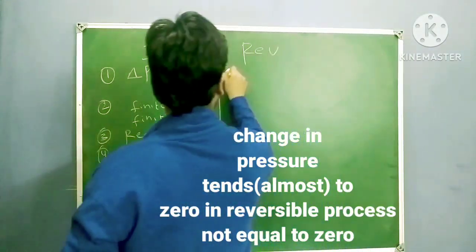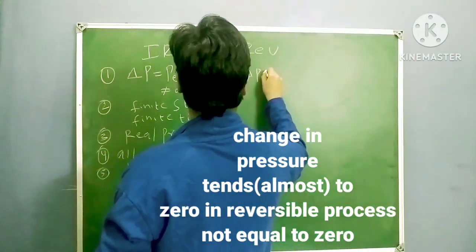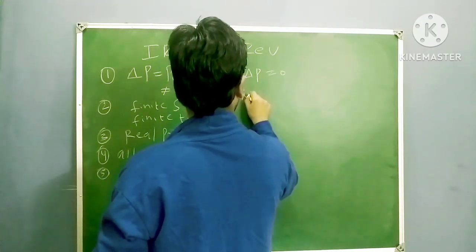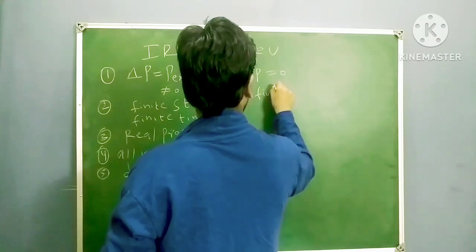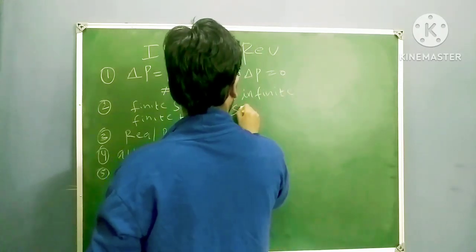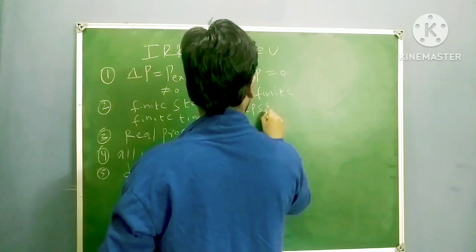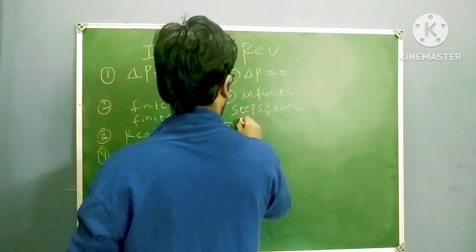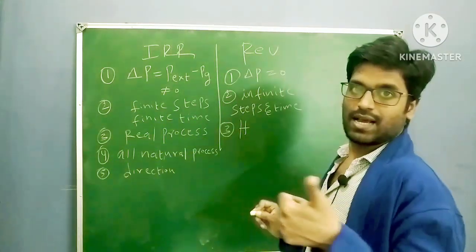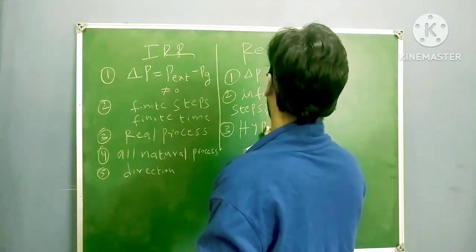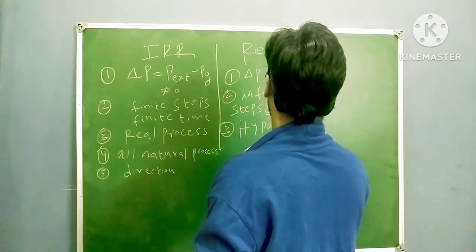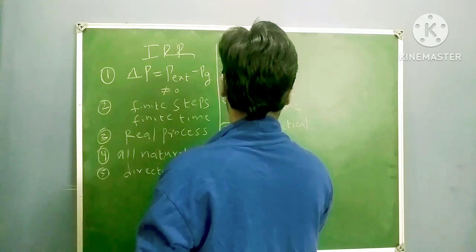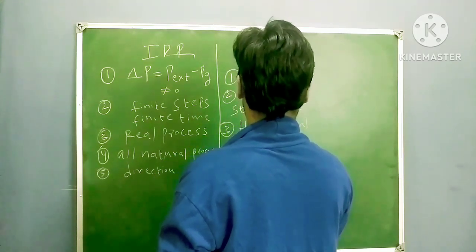For reversible, delta P equals 0. It will take infinite steps and time. Next, it is a hypothetical process, or we can say a theoretical process.